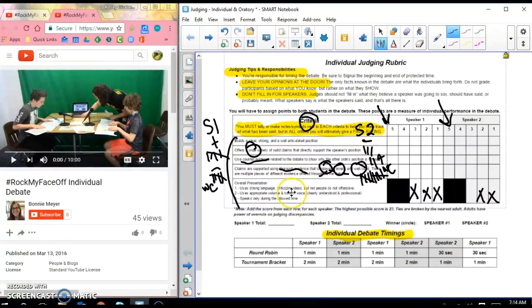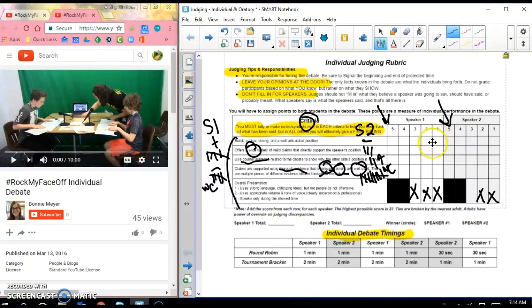You're probably going to be marking these, though, at the very end of the debate. Whereas the 4 criteria up at the top, I would expect to see notations throughout the entire debate. By the time that you're finished, what you're going to end up doing is rating these speakers.